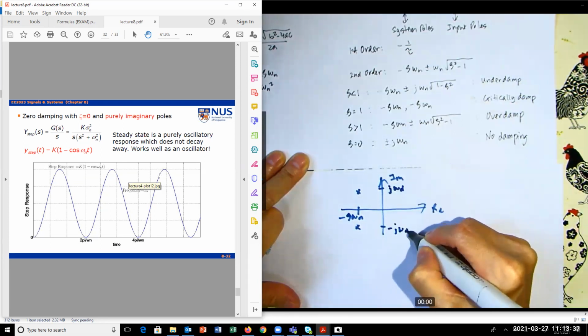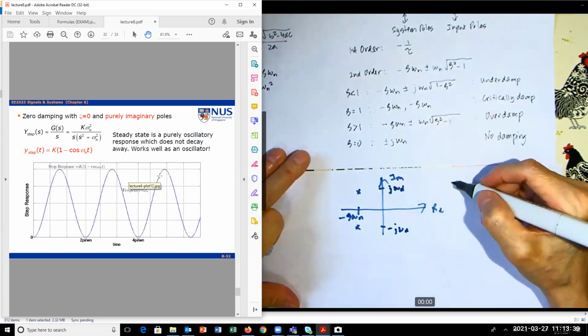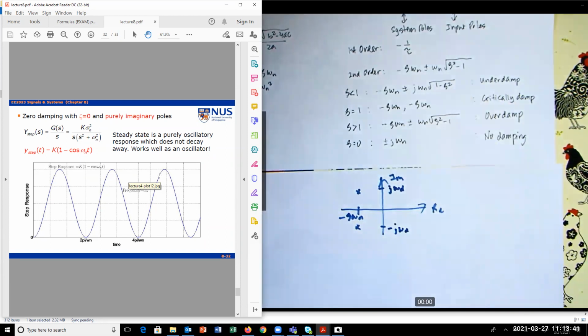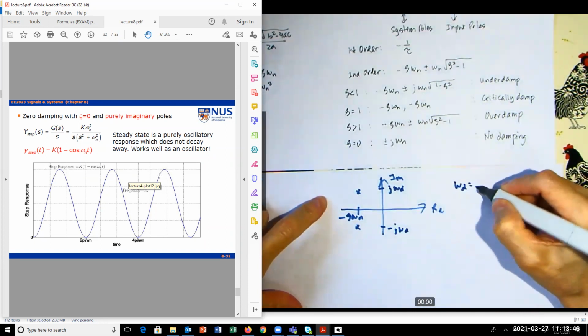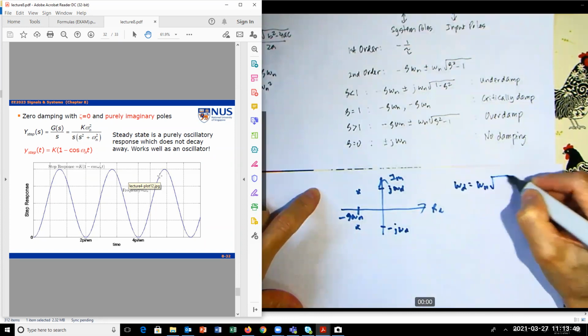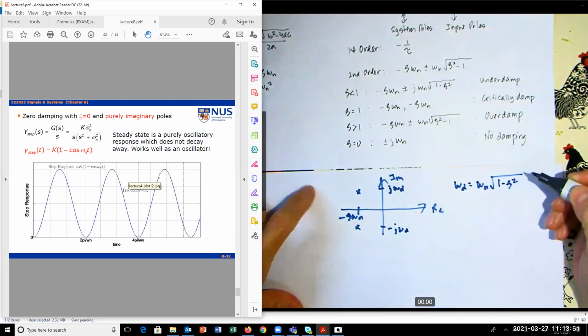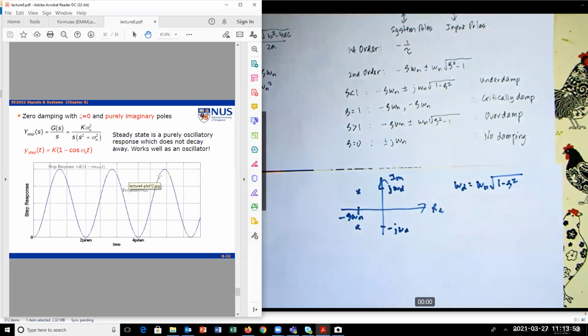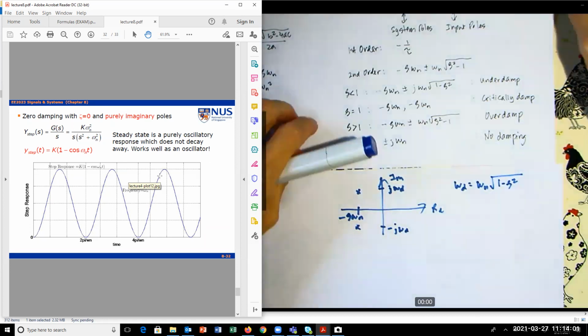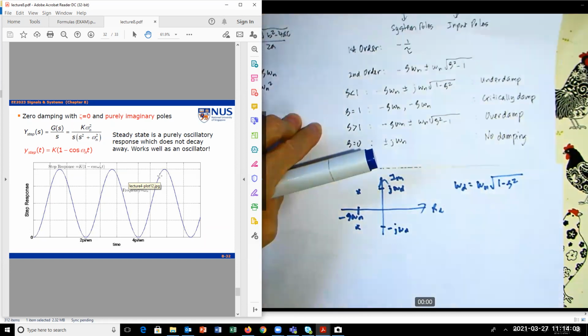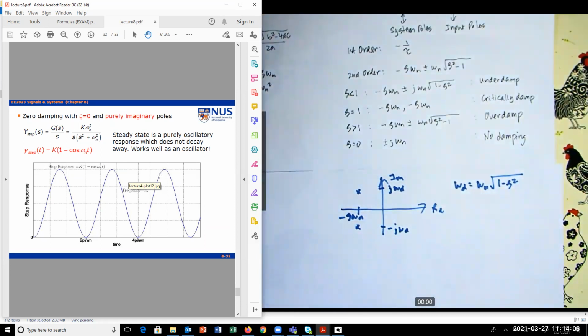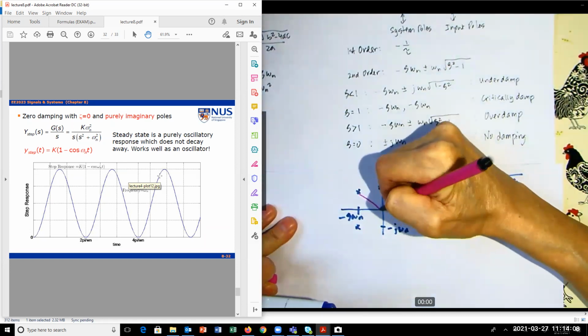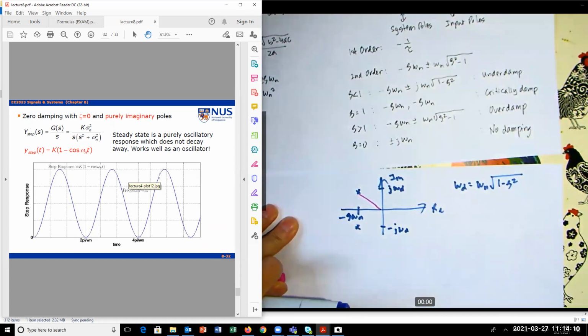So this is for the underdamped, where omega d equals omega n square root of 1 minus zeta squared. That's where the poles are for the underdamped case. In addition, if I draw the diagonal over here, that is omega n.